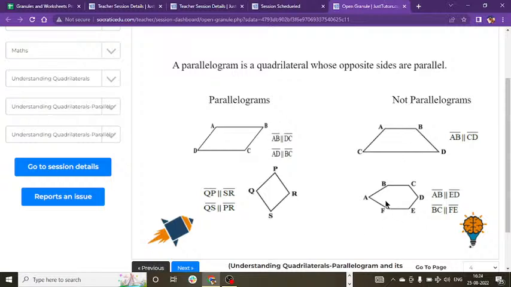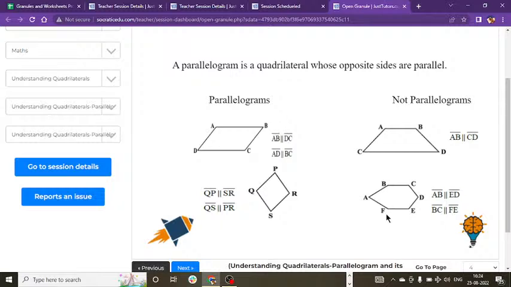Whereas next, here AB and ED, when you look at AB and ED, these two sides are parallel but they are not equal in length. BC and FE are also not equal.